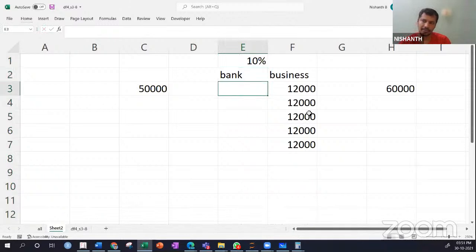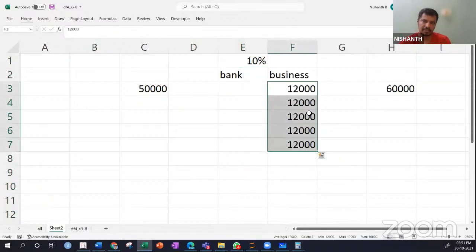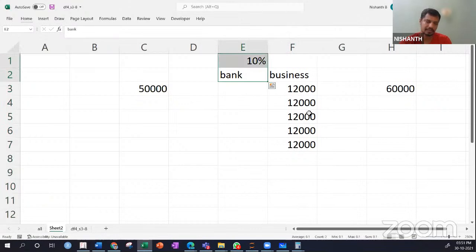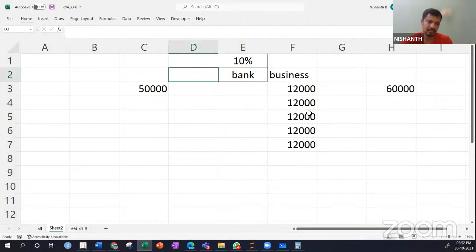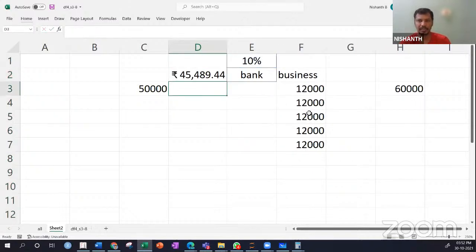So if I have to get the same money from the bank, then what is the amount which I should keep in the bank? That is nothing but present value of money. So if you find the present value for 5 years for a payment of 12,000, the answer is 45,489.44.